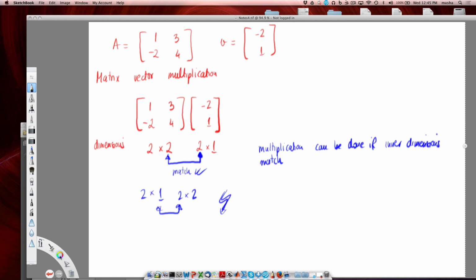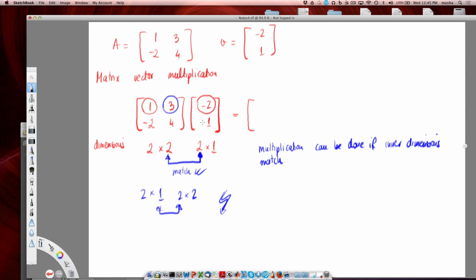So in this particular case, what will I do? I will basically take 1 times minus 2 plus 3 times 1. This is why I have to have the number of columns the same as the number of rows in order to be able to do this.